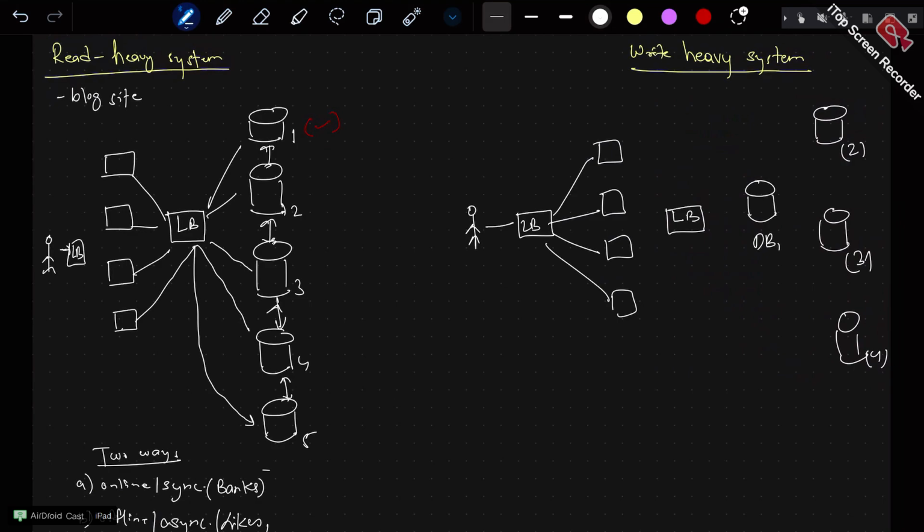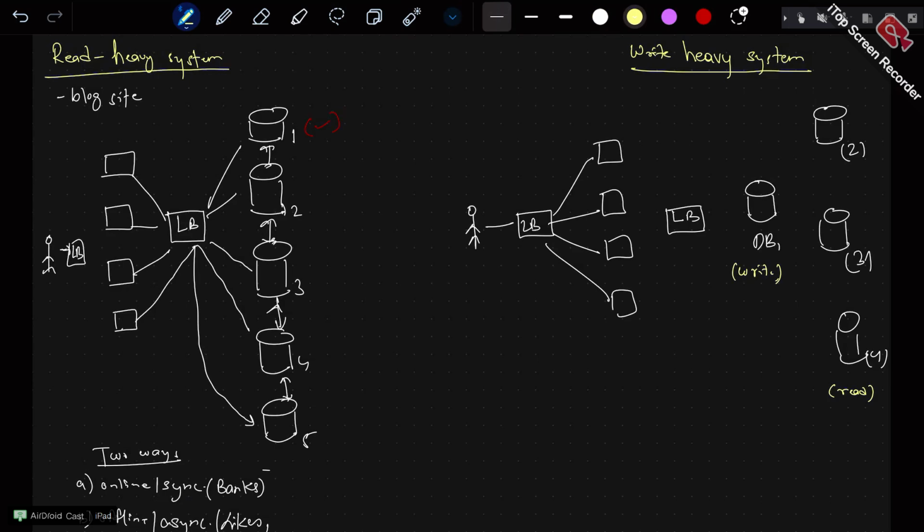Now the important thing here is that in case of a write heavy system, in the previous system, read and write were happening on the same database.